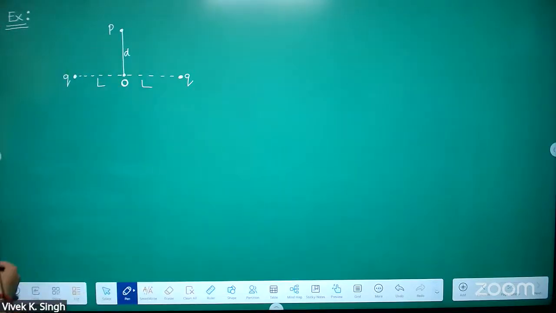What will be the electric field at point P? Can you find the electric field? Try to calculate. Try करो.